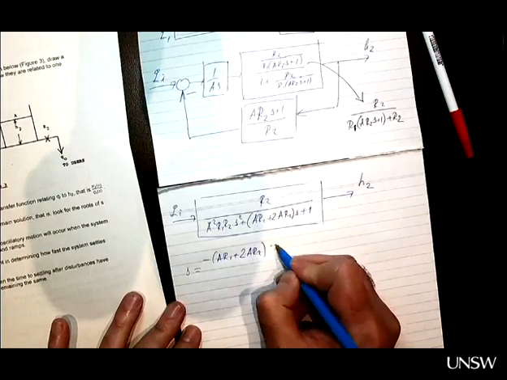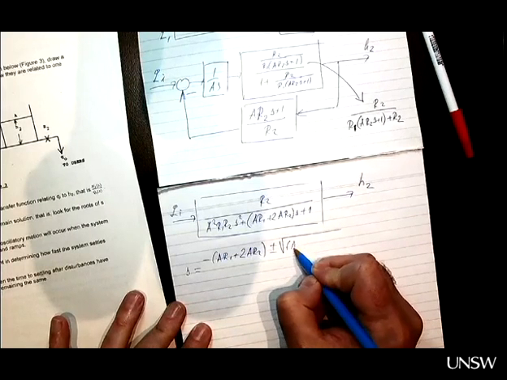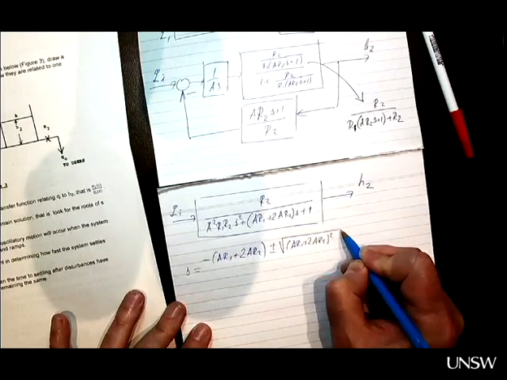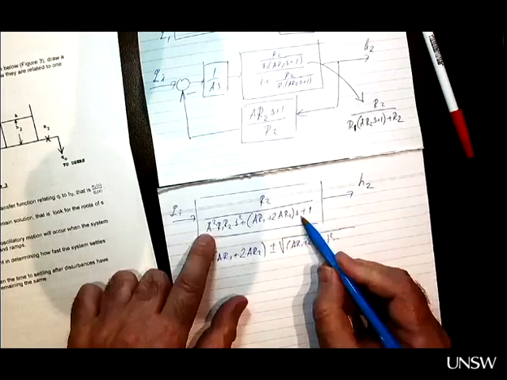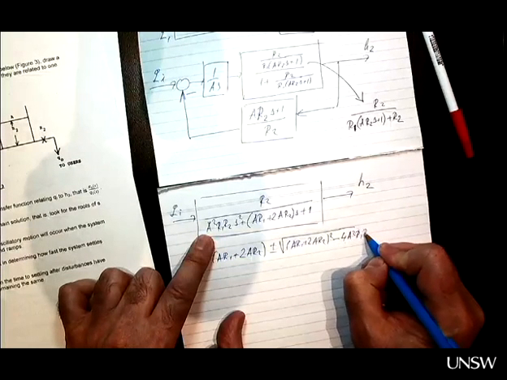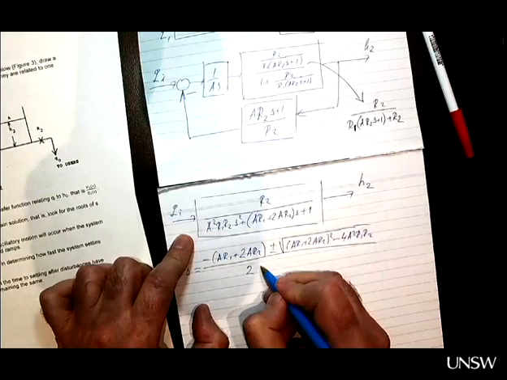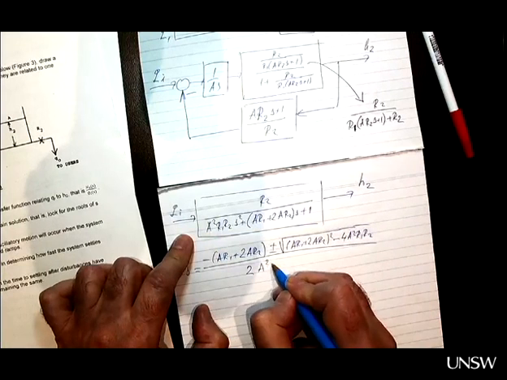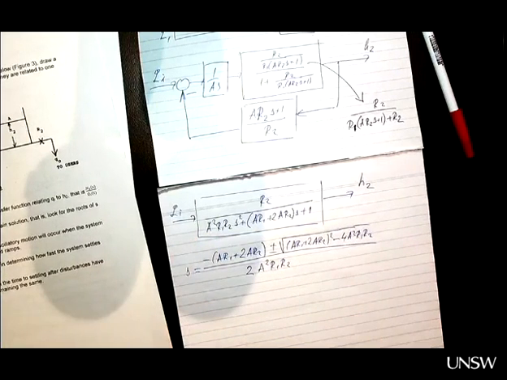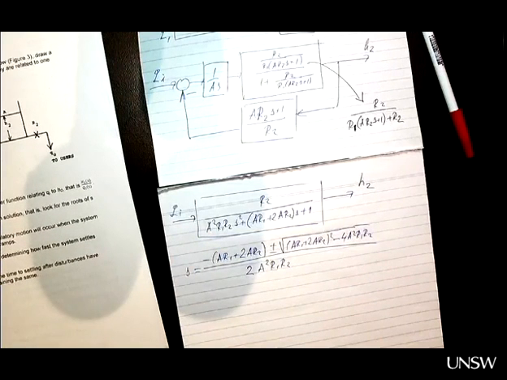Plus minus square root of AR1 plus 2AR2 squared minus 4 A squared R1 R2, and all that divided by 2 A squared R1 R2. That's it. So this is S1, S2, 2 roots.